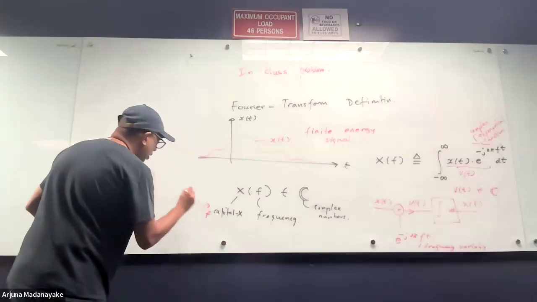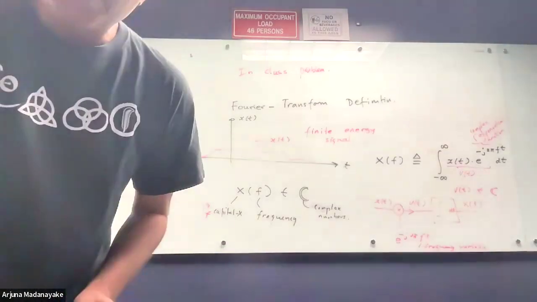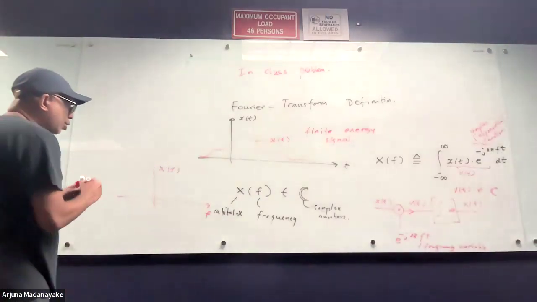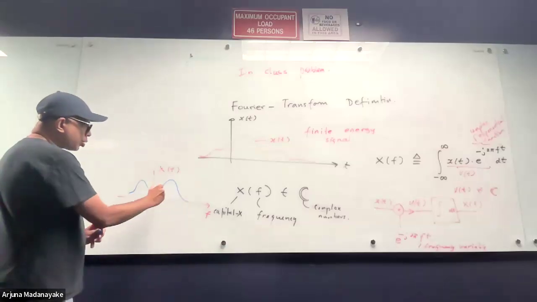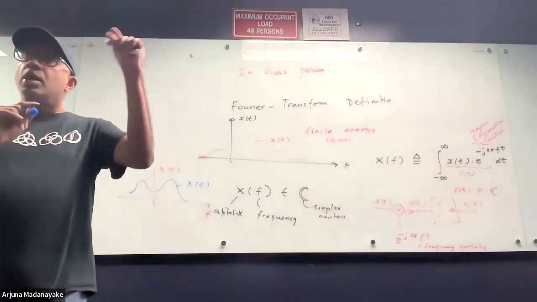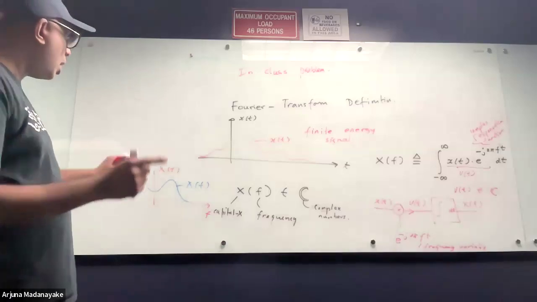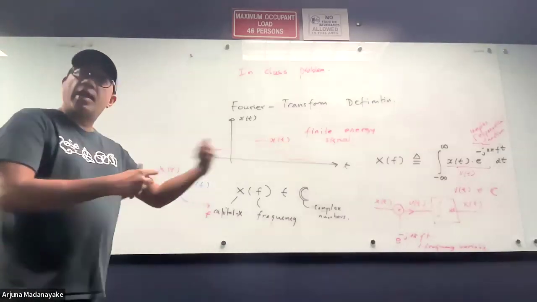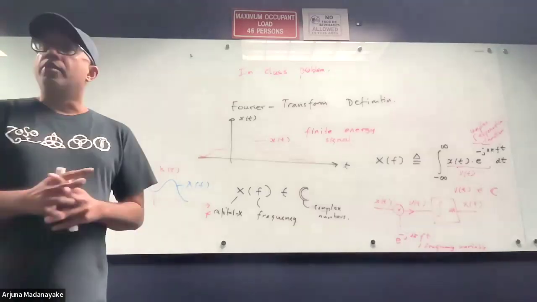This is f, and this is my X of f. For every value of f, I'm going to get something out. Going from a function of time to a function of f gives you a complex valued function which has a real and imaginary part, and that mathematical operation is defined as the Fourier transform.